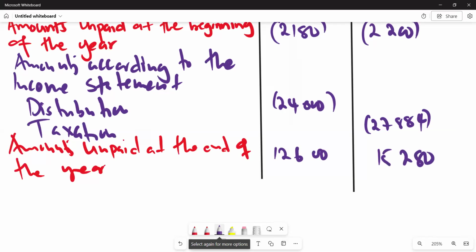Having done that, we can now find the closing amount that we need to transfer to the statement of cash flow.